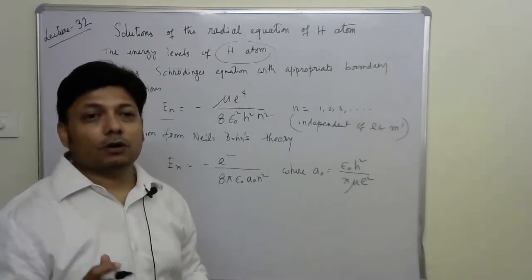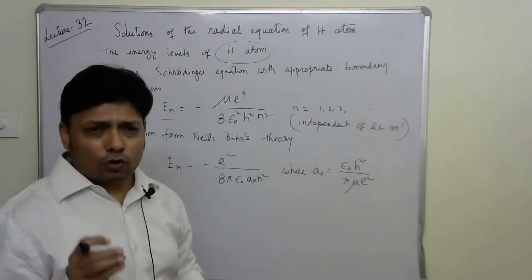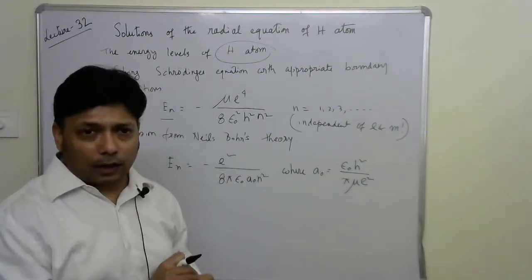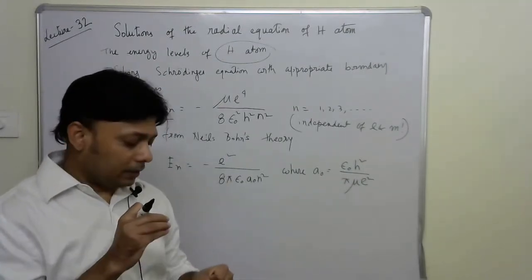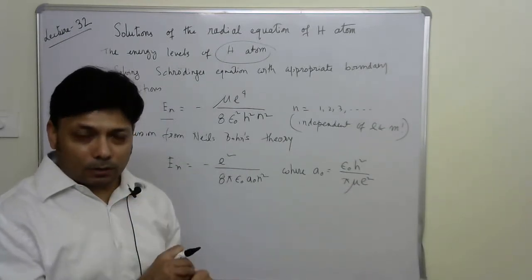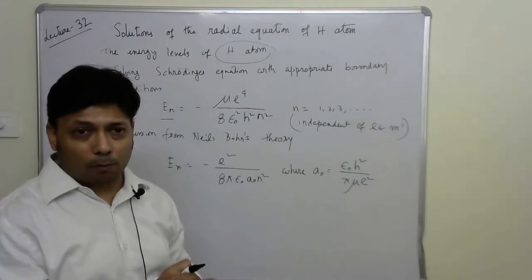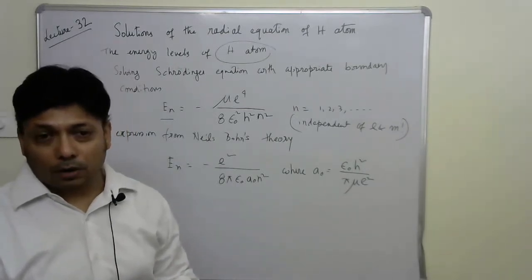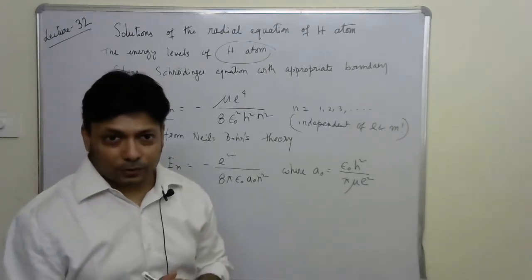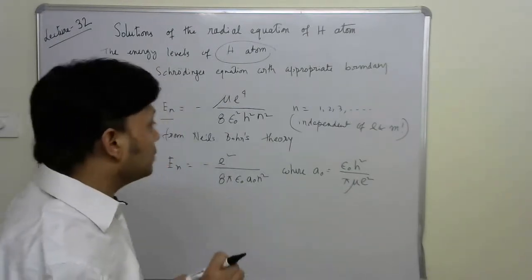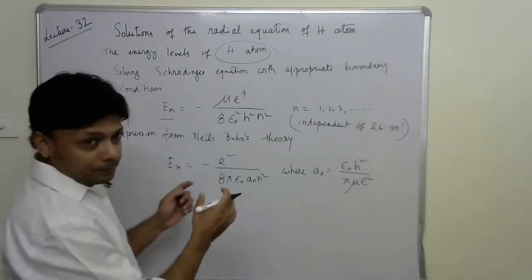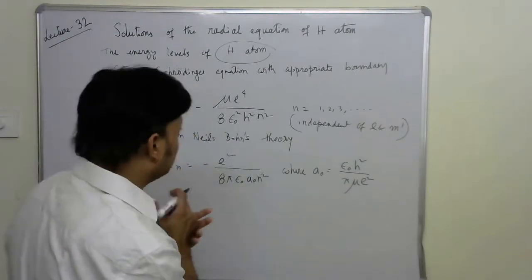It does not depend on the L and M values. So for a fixed n value, all the levels associated with any orbital quantum number or the magnetic quantum number are degenerate. Okay, that is a very important finding from the quantum theory.